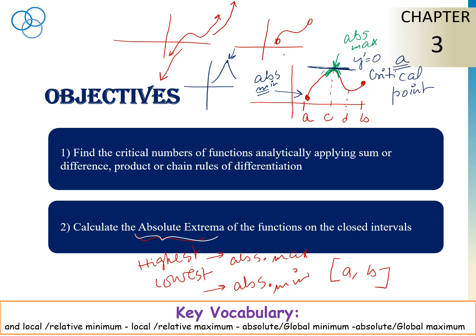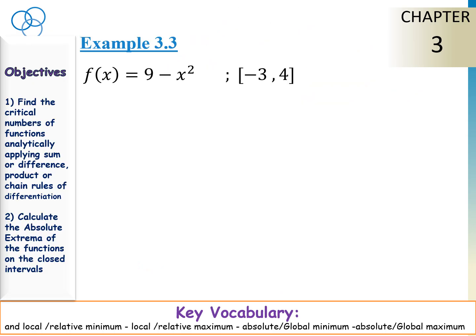Today we will understand how to find these absolute points algebraically, by applying the derivative rules and by finding the critical numbers. This is what we are going to study in this video. So let's understand the concept by solving some equations.